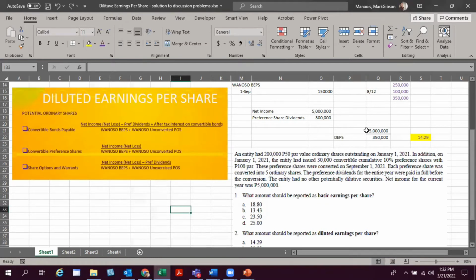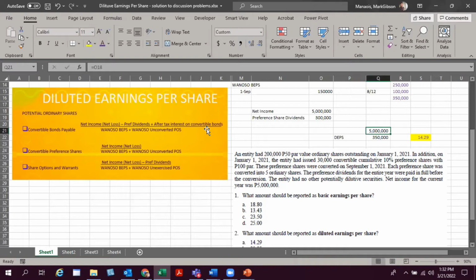So, diretso na natin. Of course, the numerator will exclude the preference share. Ulitin ko kung bakit. It's as if all the convertible preference shares were converted at the earliest presentation.